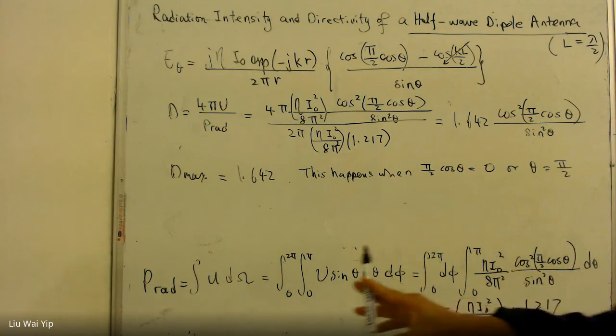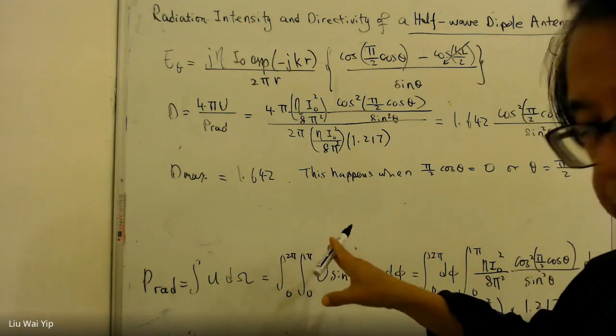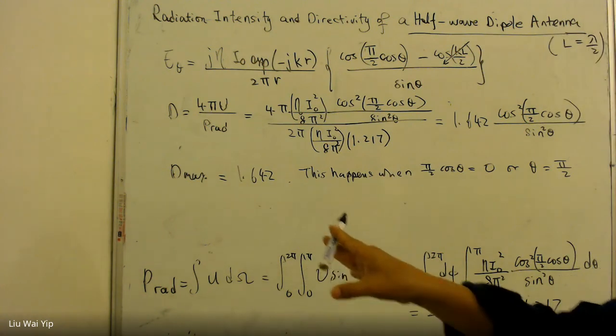So when the angle is at right angle, the so-called end-fire antenna, then the radiation pattern.